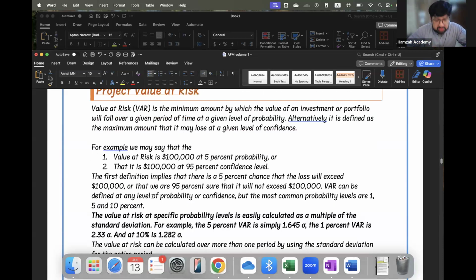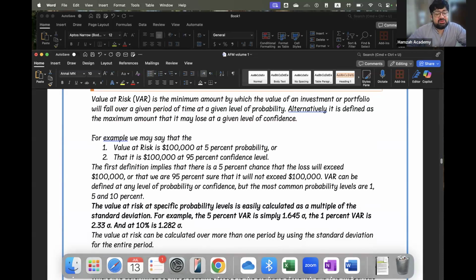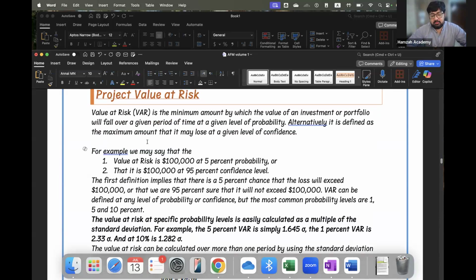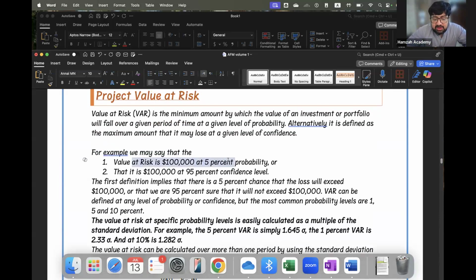Very good discussion. Project value at risk is 100,000 at 5% probability, or 100,000 at 95% confidence level.